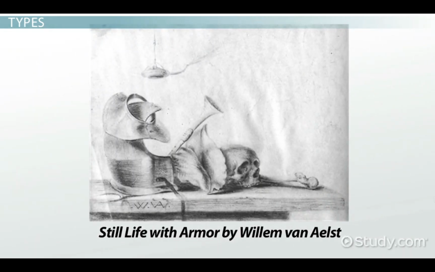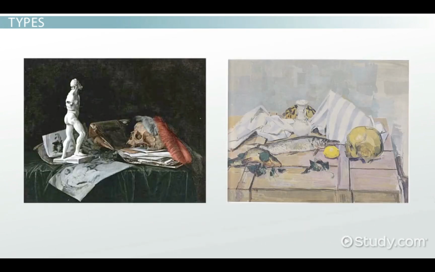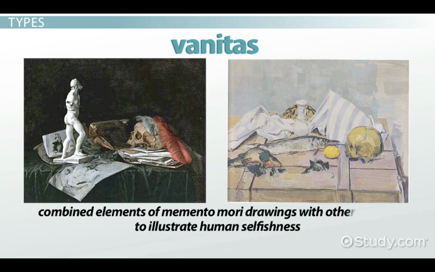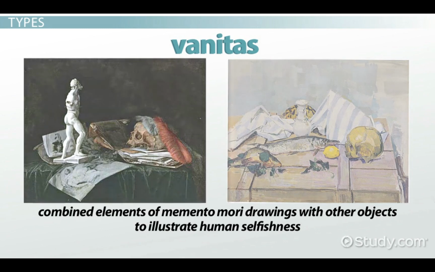Still Life with Armor by Willem van Ast captures two elements that symbolize mortality, a skull and a suit of armor. Similar to memento mori drawings, vanitas drawings also grew in popularity. Vanitas combined elements of memento mori drawings, like skulls, with other objects to illustrate human selfishness.